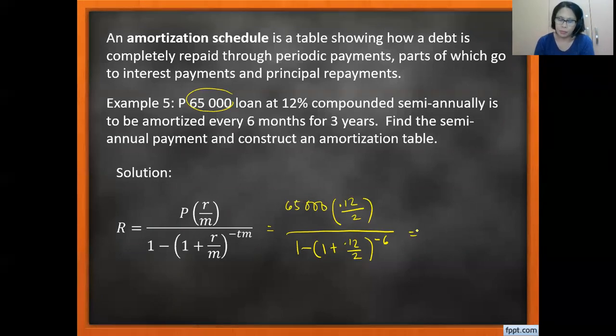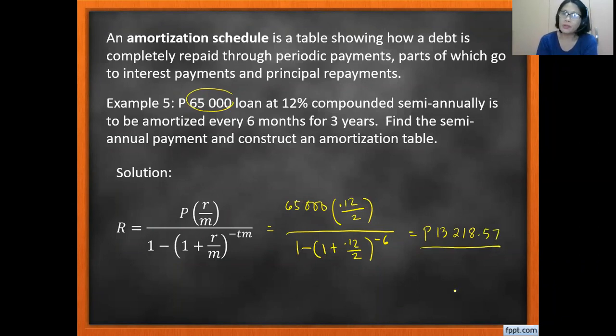So we have 65,000 times 0.12 over 2, and then all over 1 minus 1 plus 0.12 over 2 to the negative 6. So we have 30,218.57. 6 times this would mean payment for this loan. Okay?